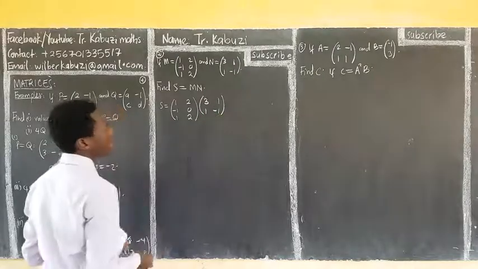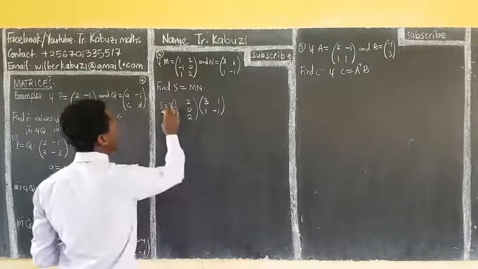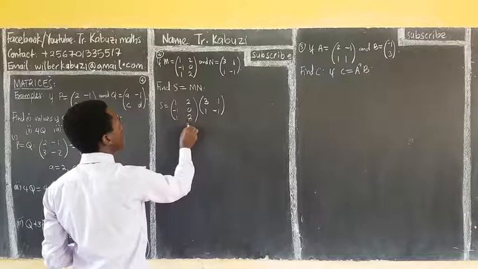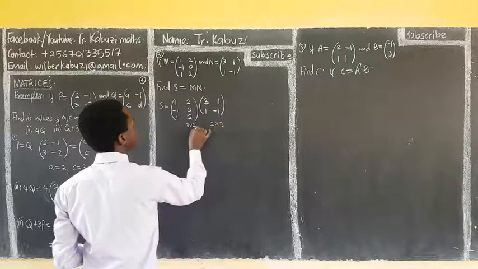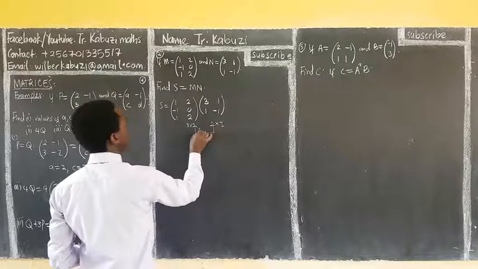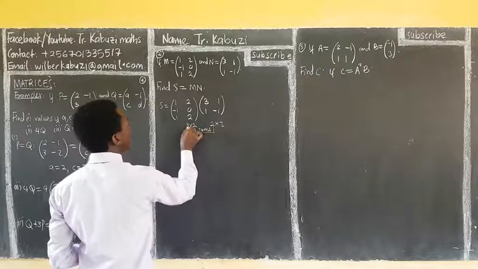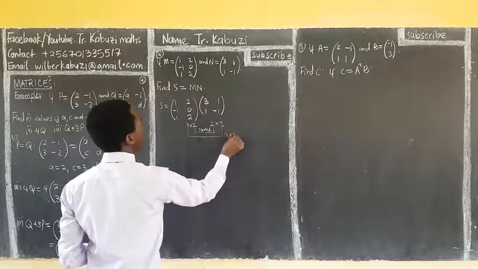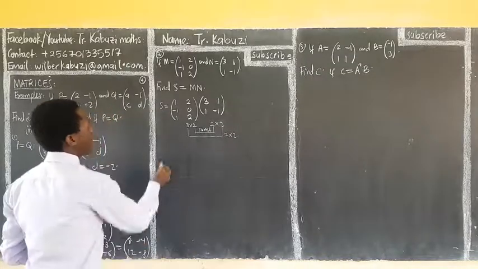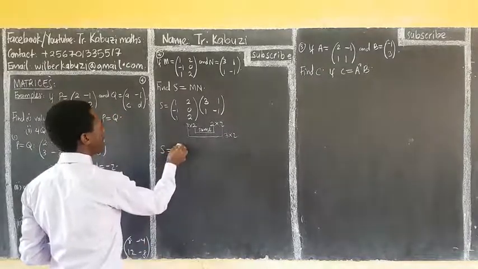What are the orders? Can they multiply? This one is 3 by 2, and this one is 2 by 2. So they can multiply, and the order of the new matrix is going to be 3 by 2.